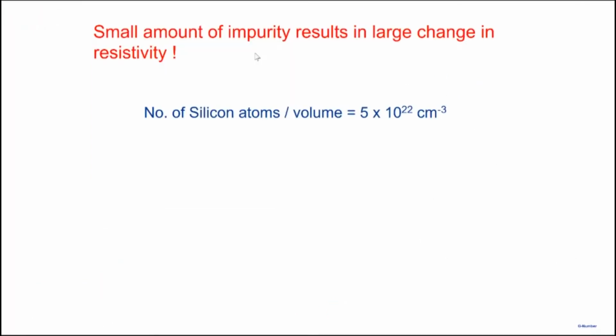And so what we are seeing, and this is a point that we emphasized last time also, is that very small amounts of impurity result in a large change in the conductivity or the resistivity of the silicon sample. So the number of silicon atoms per unit volume is about 5 times 10 to the power 22.